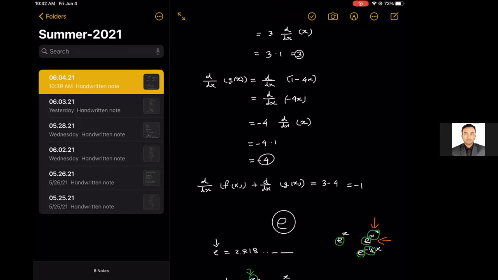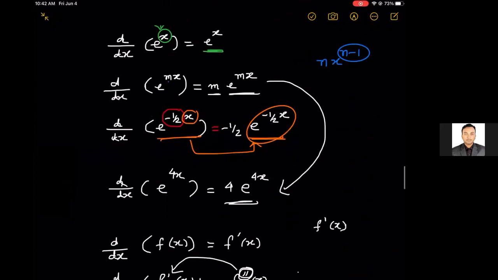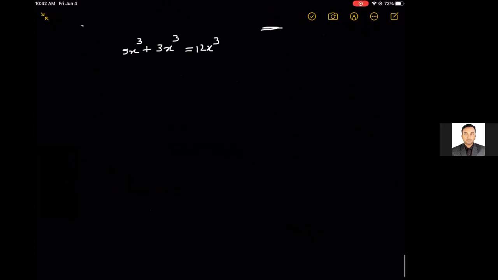Now let's see an example. How and when can you use that? Okay. So let's say I have a function. Let's say I'm trying to find the derivative of e to the 5x times 2x plus.